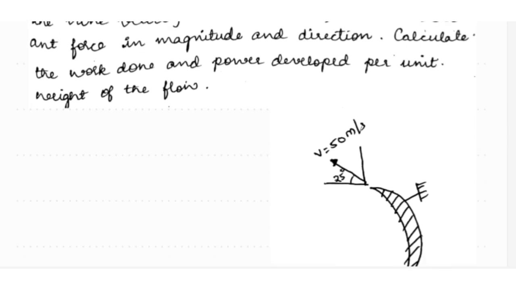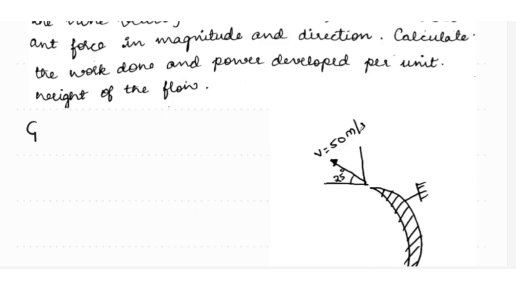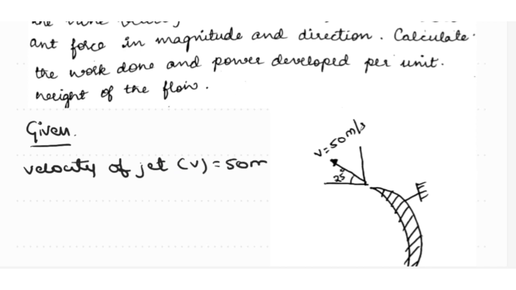So let us write down the given data. Initially they have given the velocity of jet, fifty meter per second, and theta is equal to 25 degree.